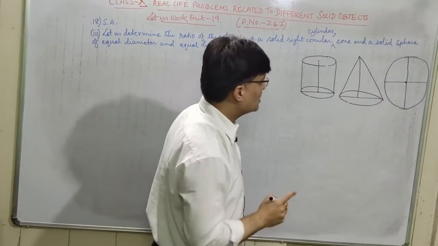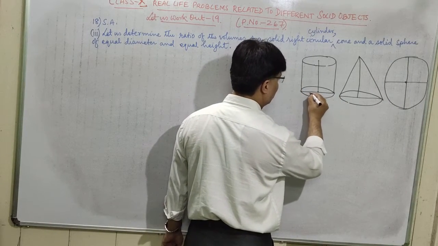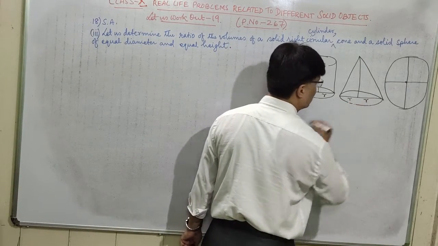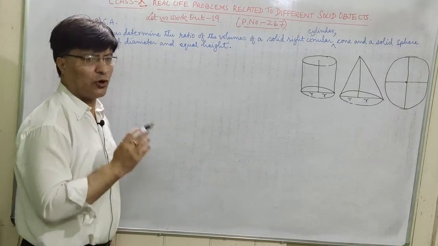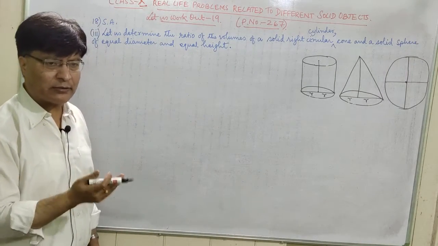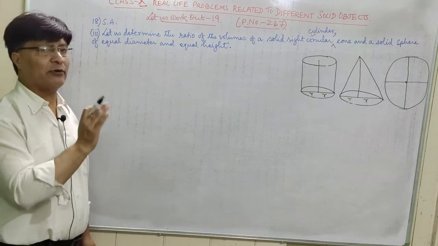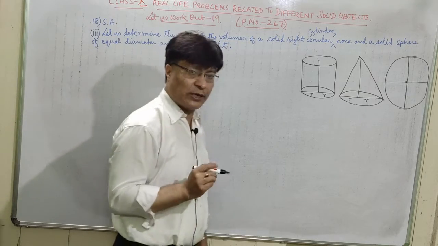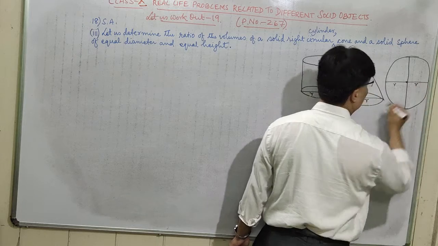In this case, this is radius R, this is also radius R. Suppose R is the radius of the base of the cylinder, R is the radius of the base of the cone and R is the radius of the sphere, because all these three figures have got the same diameter. If they have got the same diameter, their radii are also equal.